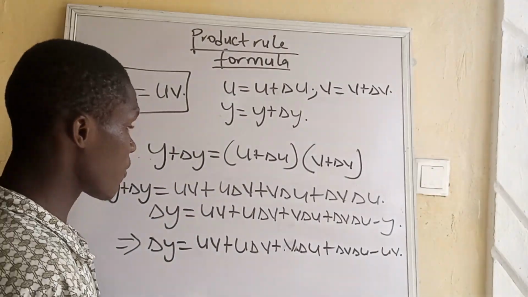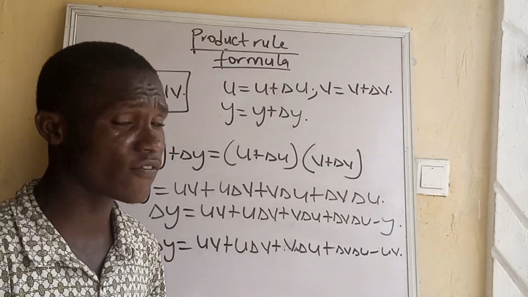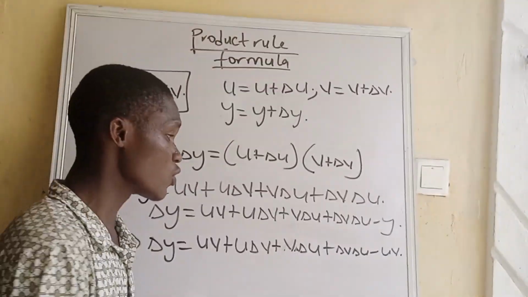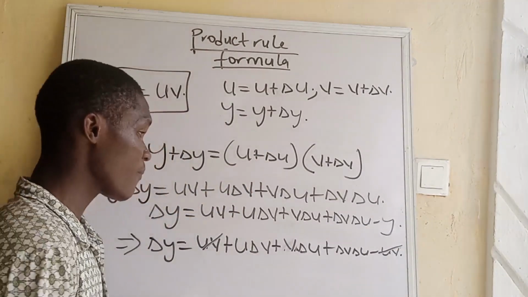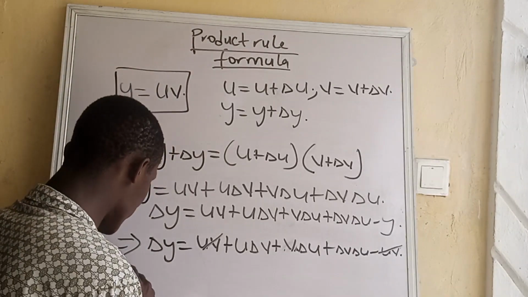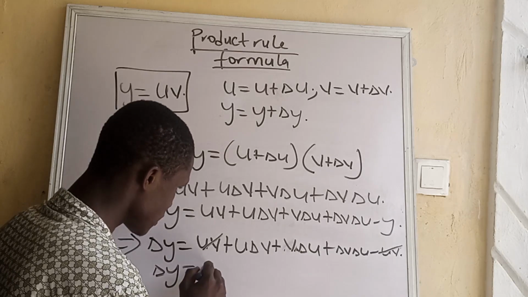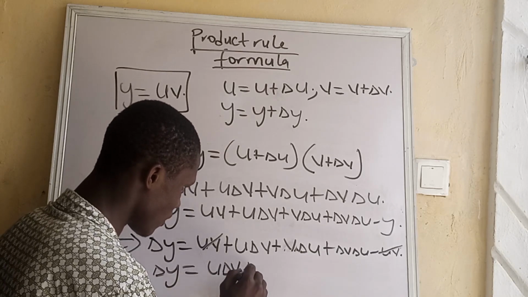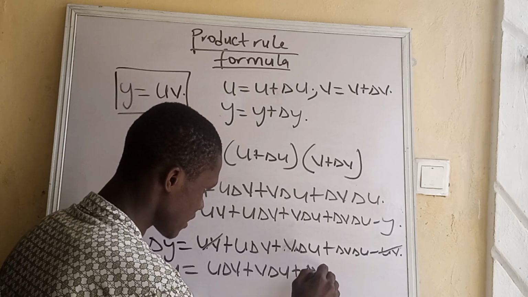Amazing. And from mathematics, by the time we are having similar numbers and one of them is carrying a negative value, each of them can cancel out. So in other words, this uv and this uv can cancel out because they are similar and one of them is carrying a negative value. Therefore our delta y is equal to u delta v plus v delta u plus delta v delta u.